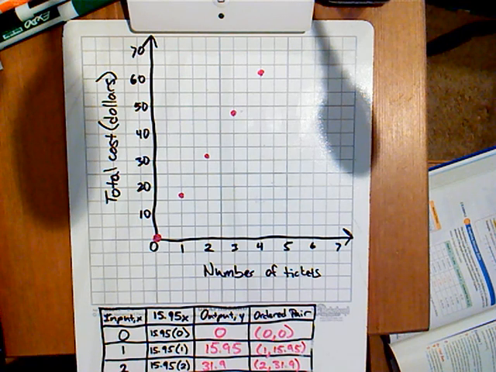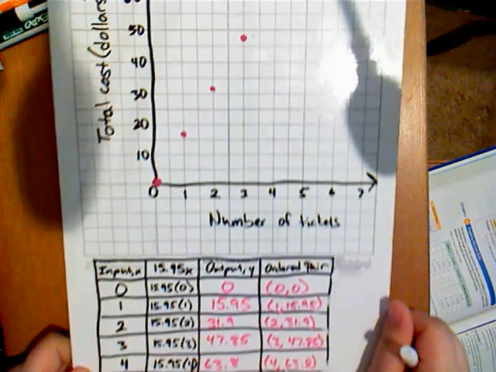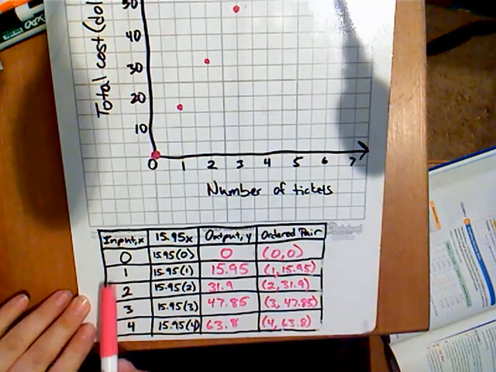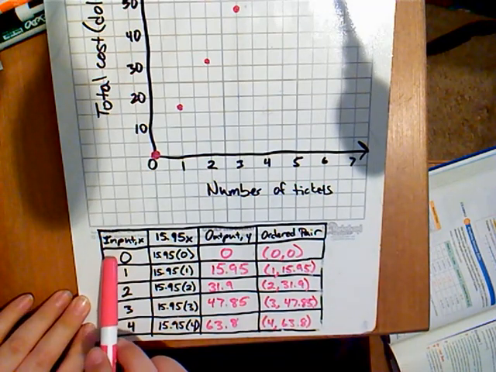So then the question asks whether the domain of the graph is discrete or continuous. Okay, so we've plotted our ordered pairs, and we know that our domain is going to be discrete because, remember, our input is our x value, and this is the tickets.